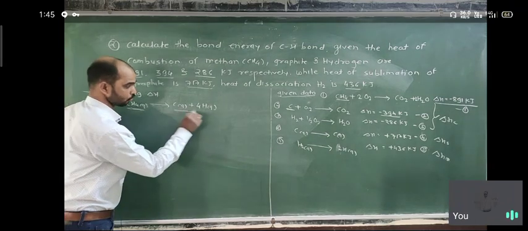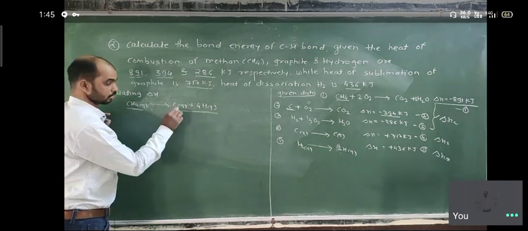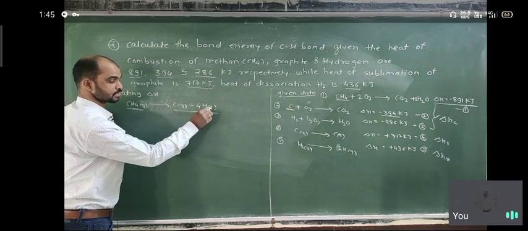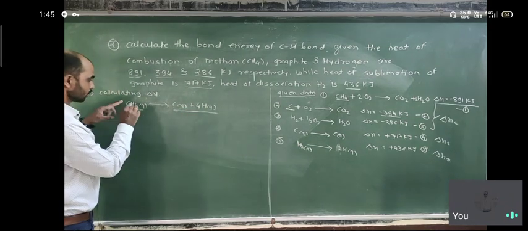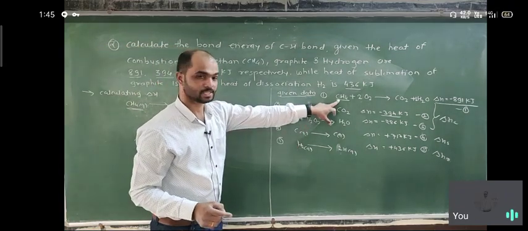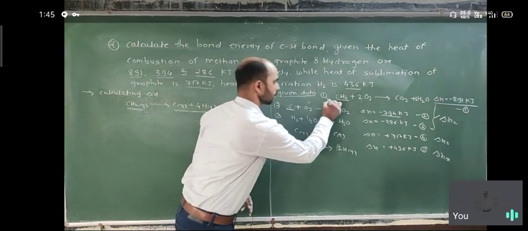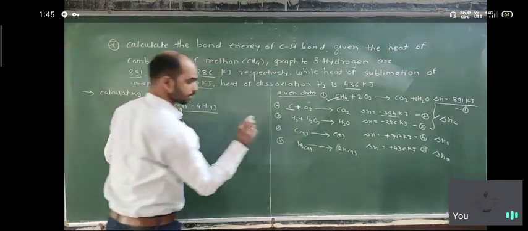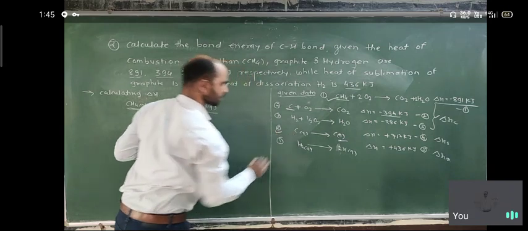But here what is the product? The carbon is present in the gaseous state, and the hydrogens are present in the gaseous state. So CH4 is on the left side, this is the first reaction, the CH4 goes into combustion. Secondly, the carbon in the gaseous state is present here. So the 4th reaction is important.